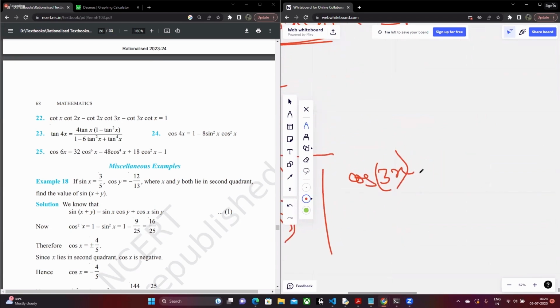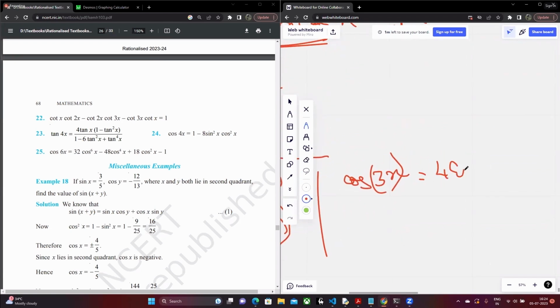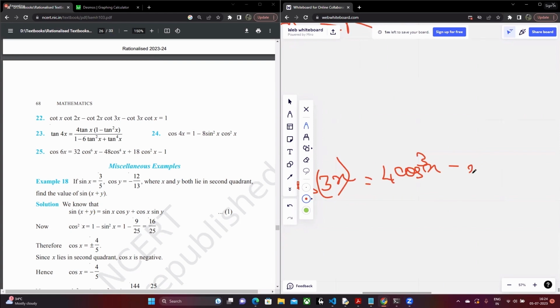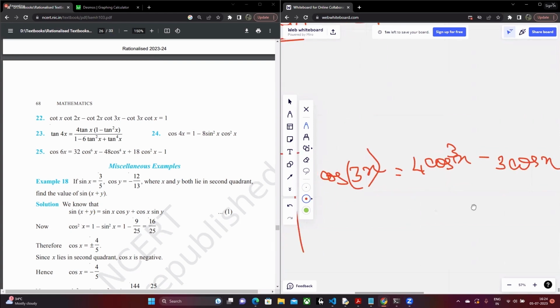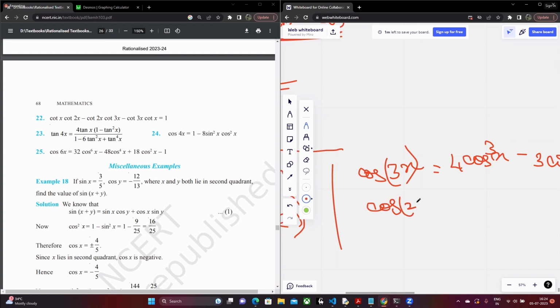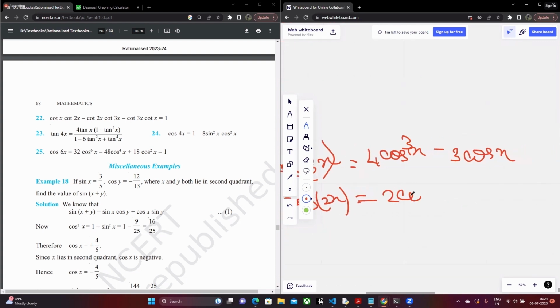Cos 3x is going to be equal to 4 cos cube x minus 3 cos x, and cos of 2x, the formula I'll be using in this sum, is 2 cos squared x minus 1. Because as you can see, there is no sine square x in the right hand side of this equation. So I should not use any expansion where there is a sine term.